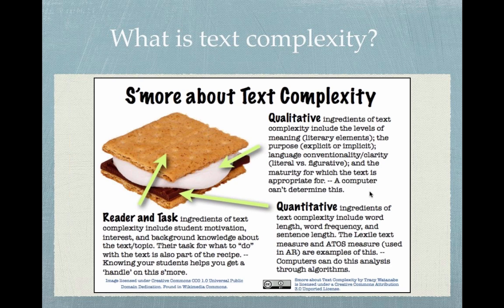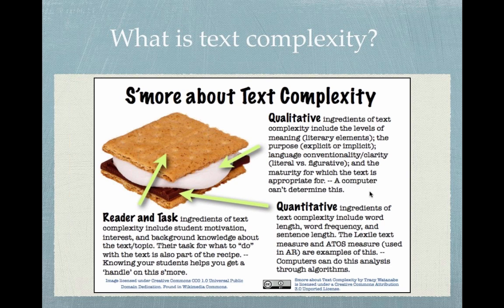So you have the quantitative measures, and the quantitative measures are things like word length, word frequency, sentence length, and these things are almost impossible for a human to really evaluate. So we use things like the Lexile framework in order to measure these things.